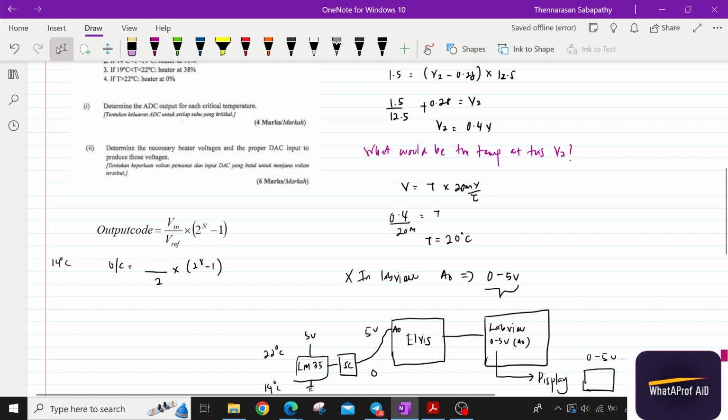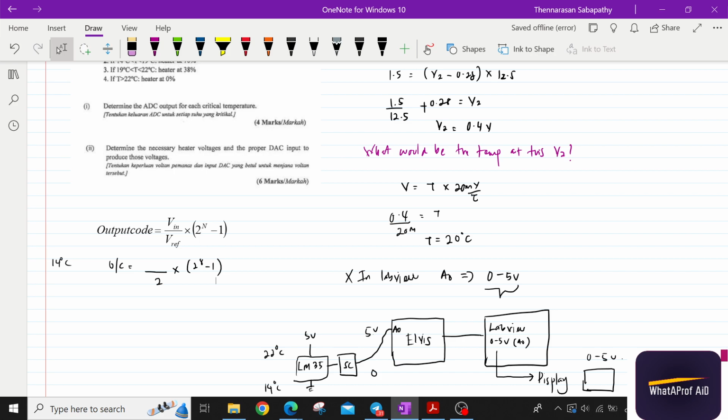Is it 0 or 0.28? 0.28. The rest? Who actually told me that this is 0? Scared already. Anyone else think that this is 0? I think 0, because we do signal conditioning before entering the ADC. Yes, so this is actually 0.